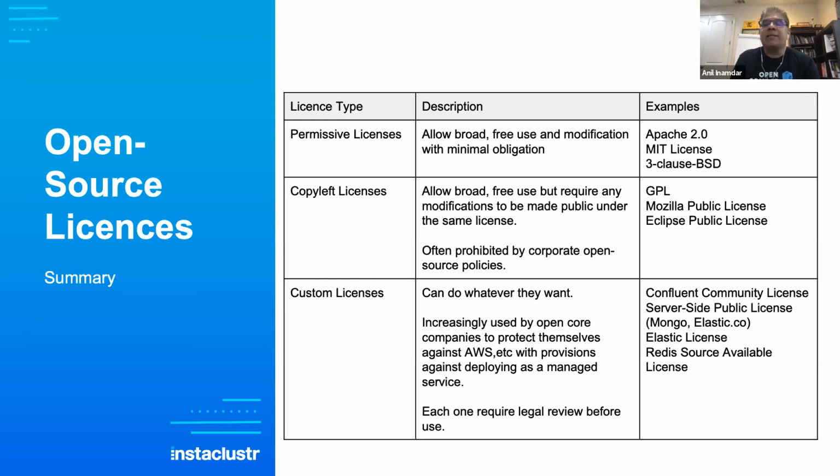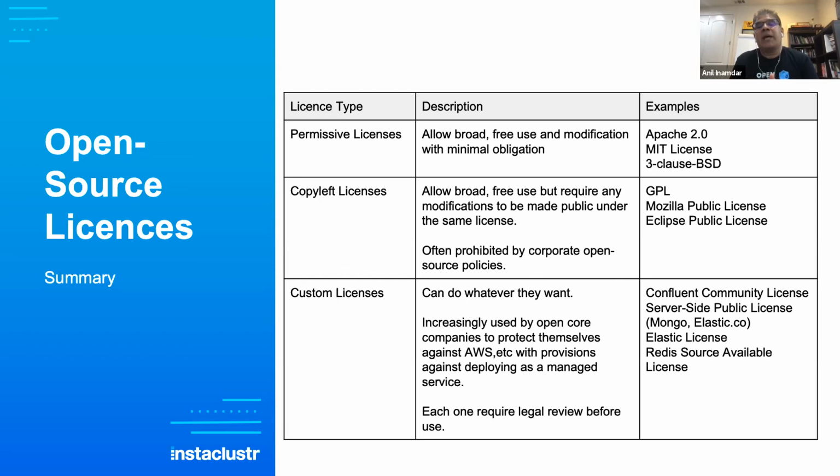The third type of license is a custom license. In this case, the holder can do whatever they want. This type of license is increasingly used by open core companies to protect themselves against AWS or other cloud providers, with provisions against deploying as a managed service. An example is SSPL, the Server Side Public License, used by MongoDB and Elastic.co.